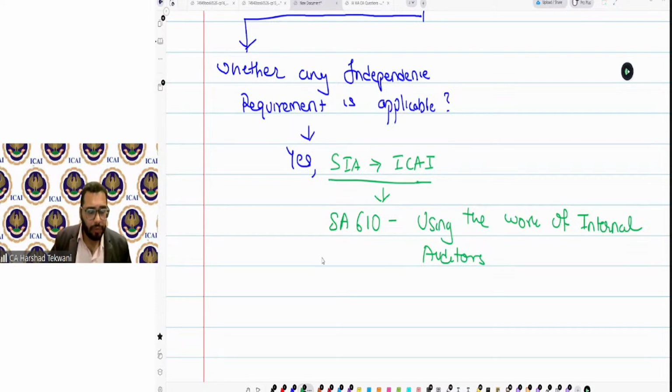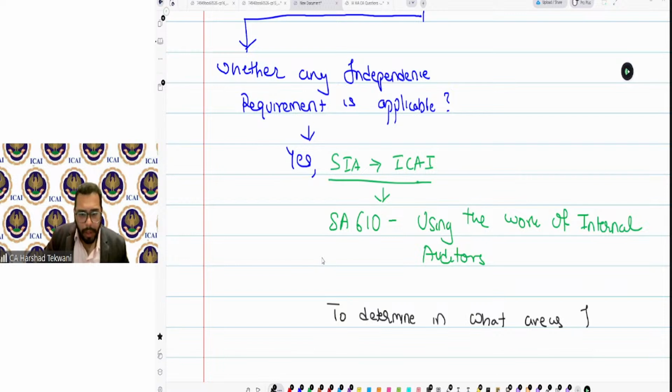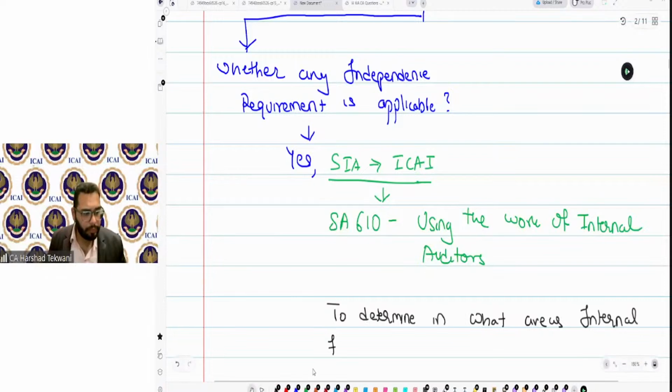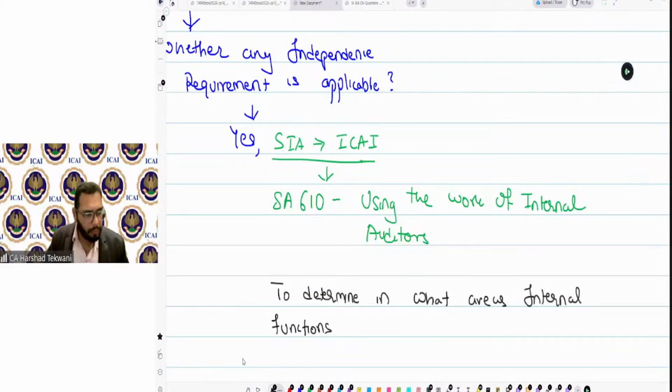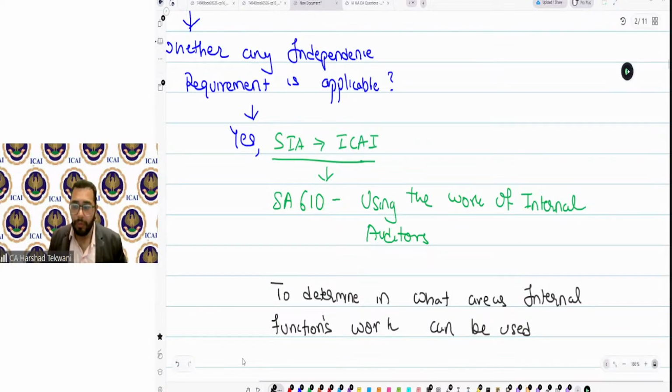Over there, one of the conditions is how we determine in what areas internal audit function's work can be used, and to what extent.